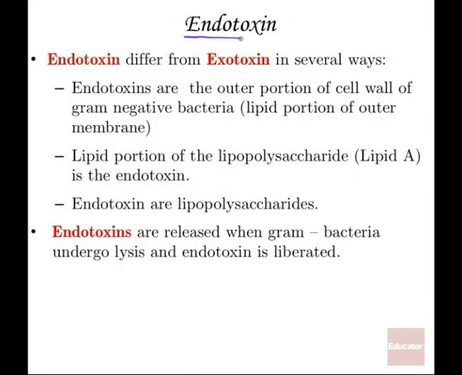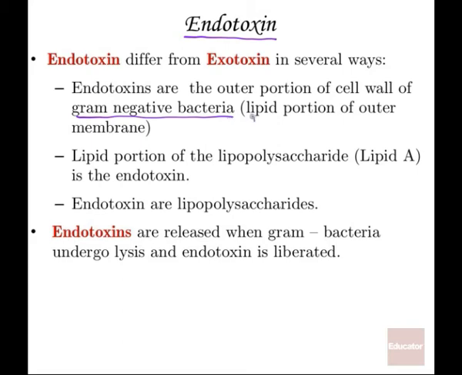Now, the endotoxin is different from an exotoxin. Endotoxin is always produced by gram-negative cells. So with gram-negative bacteria, endotoxins are associated with the outer portion of the cell wall. Remember, the cell wall of gram-negative bacteria has that outer membrane.